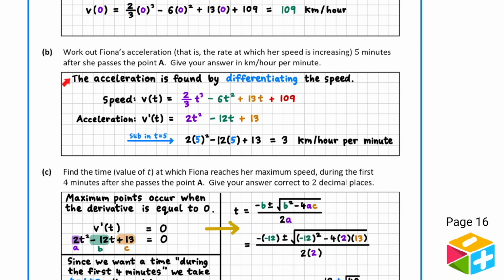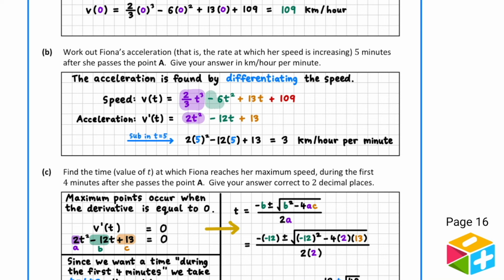This means that the acceleration is found by differentiating the speed function that we were given. To differentiate 2 over 3t cubed, we can use the rule for differentiating powers. Multiply down by the power and then reduce the power by 1. This gives us 2t squared.